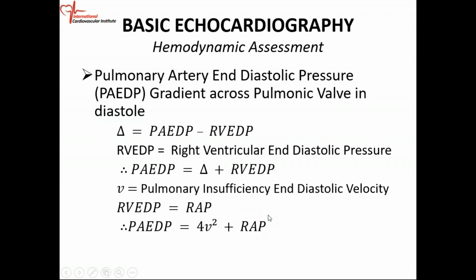Again, we have a separate lecture to show you guys how to determine right atrial pressure. So just for right now, just take it that you're going to add the right atrial pressure to your gradient in order to get your pulmonary artery end diastolic pressure.